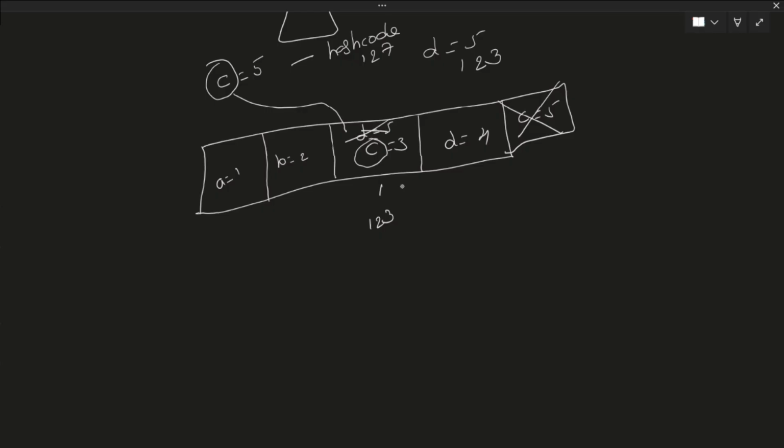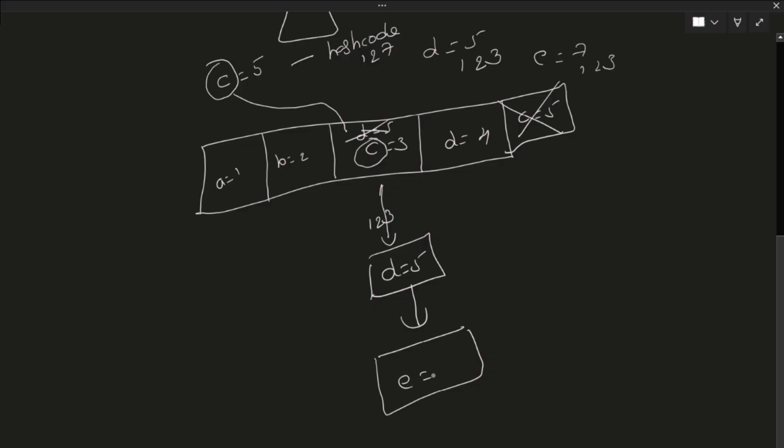No. It will create a new node with D equal to 5. I have E equal to 7 with the same hash code. It will create a new node for E equal to 7. No duplicates were there, so nothing is impacted.